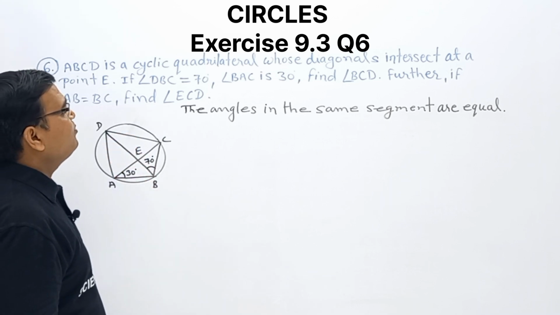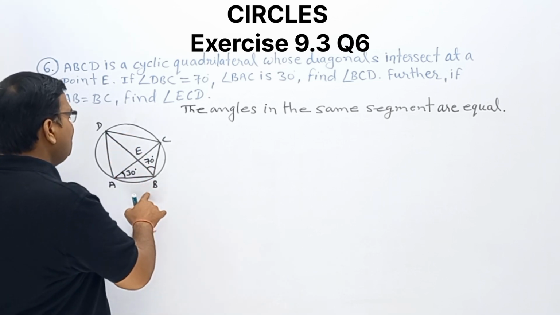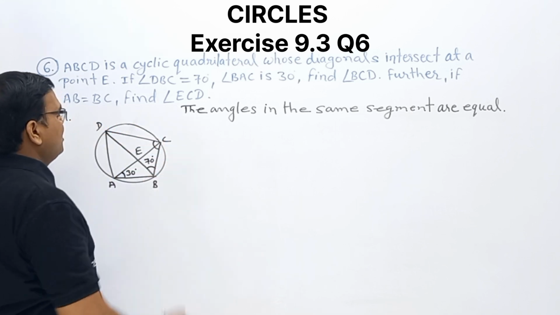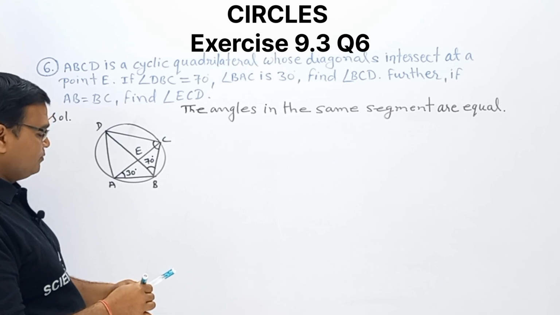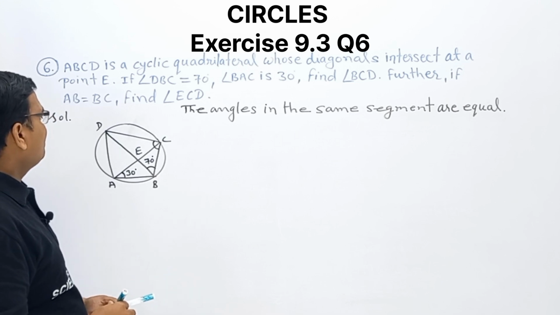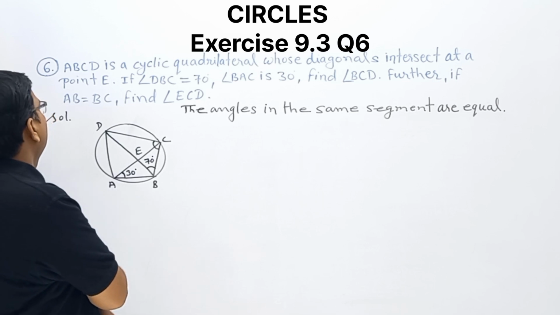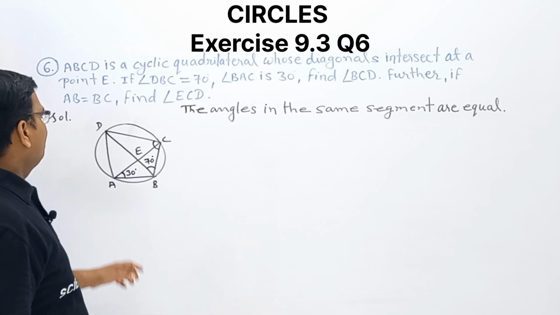Clear? Find BCD. BCD, this angle we want. Clear? So, how will we obtain this one? Observe carefully. We want what?